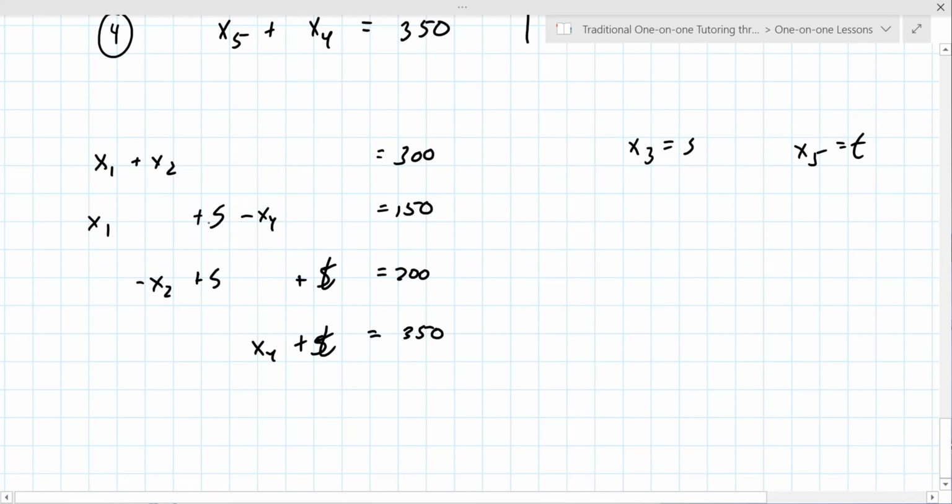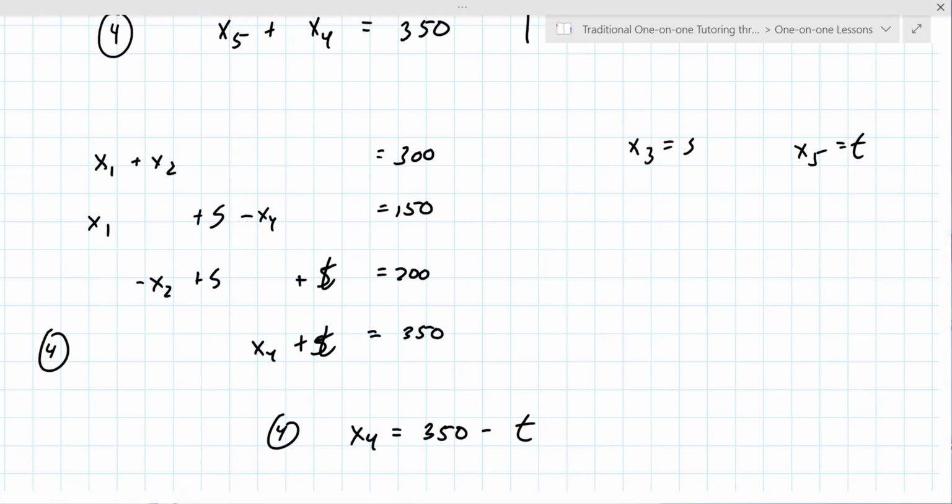So now X4, if we look at the fourth equation here, you always work backwards. X4 equals 350 minus t. So let me snip in the solution space, the thing they want you to enter. So you can see that.